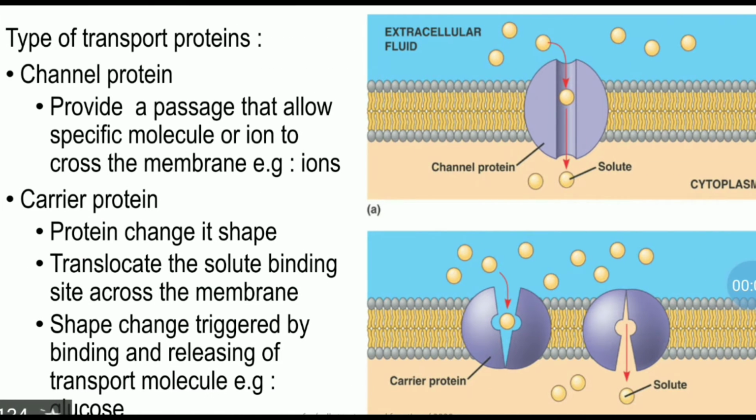As the teacher mentioned earlier, there are two types of transport proteins that assist the facilitated diffusion. Let's have a look at the channel protein. Channel protein is quite simple compared to the carrier protein. We take sodium ions as an example. Let's have a look at the diagram on the right.